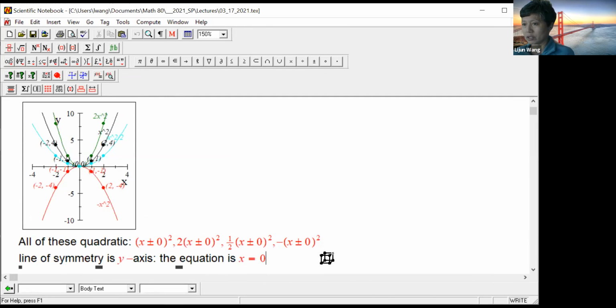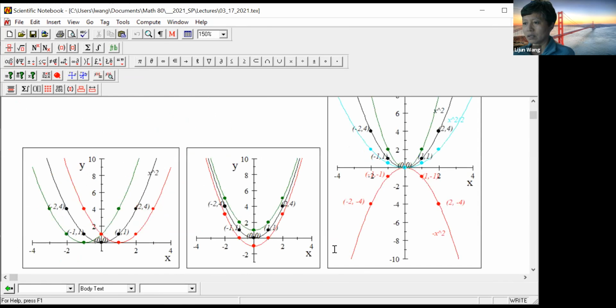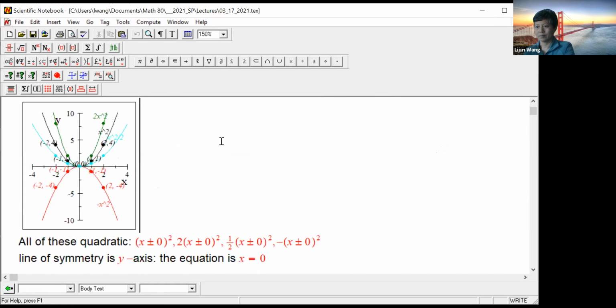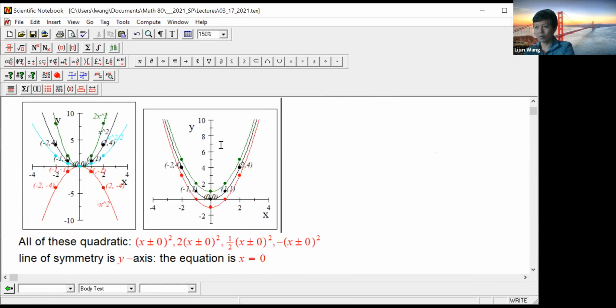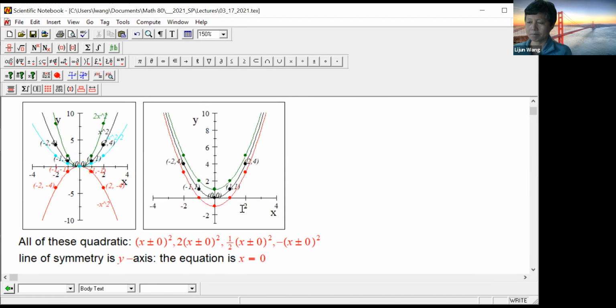What else have we done? We've done these. What is the line of symmetry for these three? When we shift up or shift down, does it change the line of symmetry? It doesn't change the line of symmetry when we shift up or down.